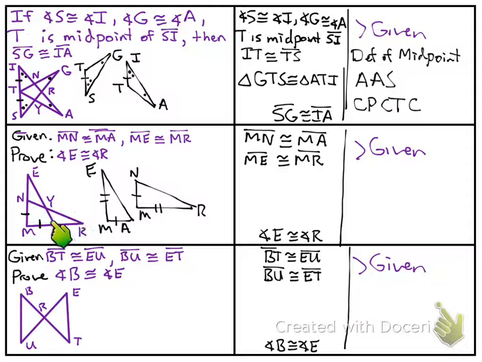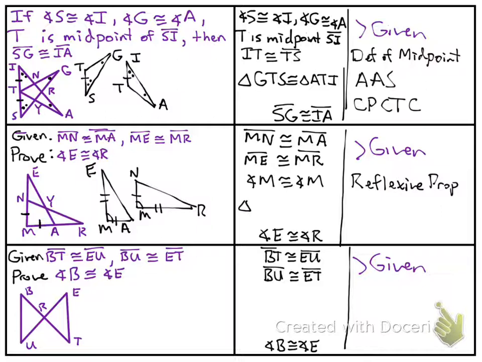What I do know is this angle right here was in both of them, this angle M. So this angle is going to be congruent to itself in both triangles. I don't have to technically name it with three letters because it's the single angle in both. So we're going to say angle M is congruent to angle M by reflexive property. Now we can identify our two triangles as congruent.